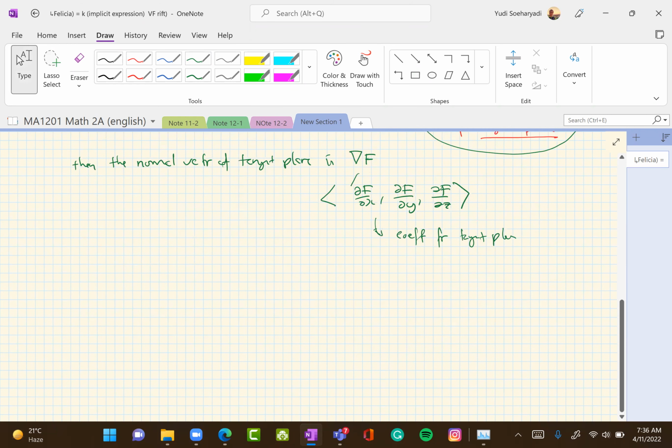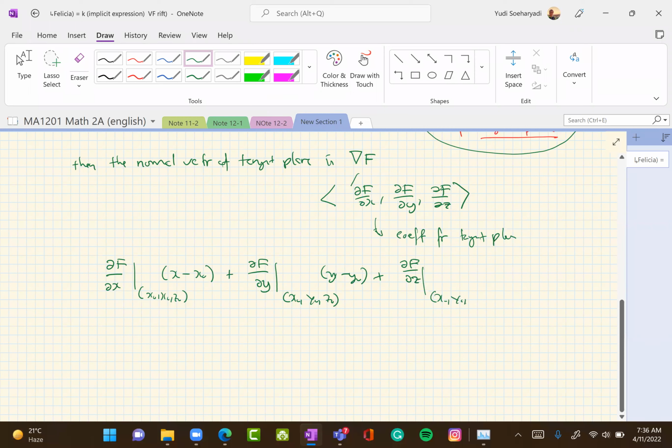What does it mean? So the equation for the tangent plane would be somehow df dx times x minus x naught, plus df dy times y minus y naught, plus df dz times z minus z naught, equals 0.